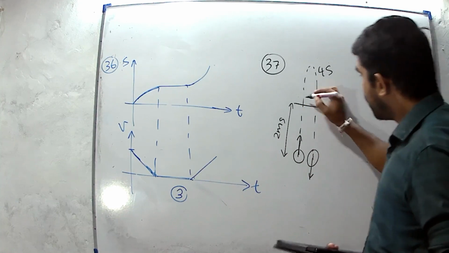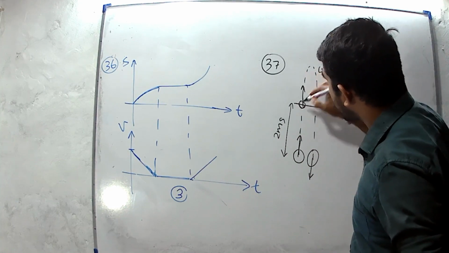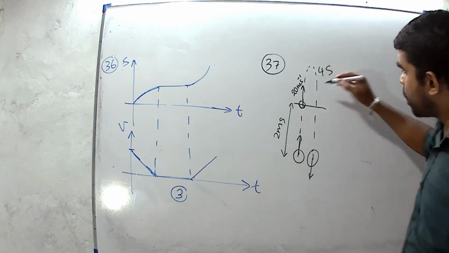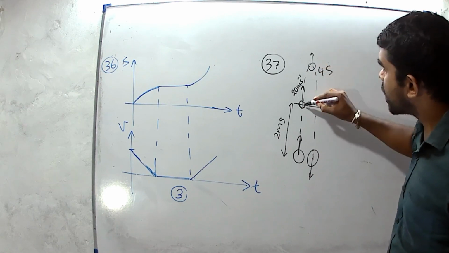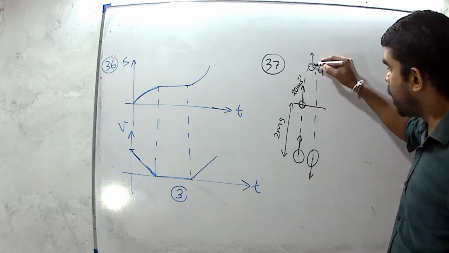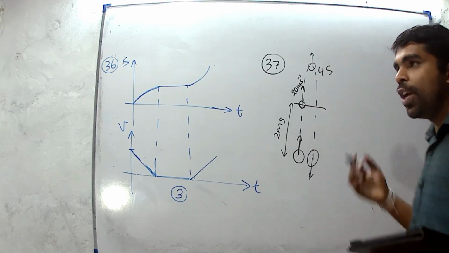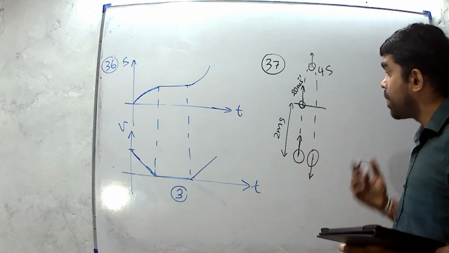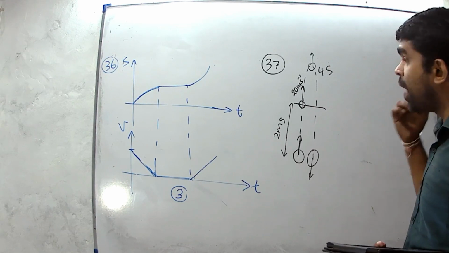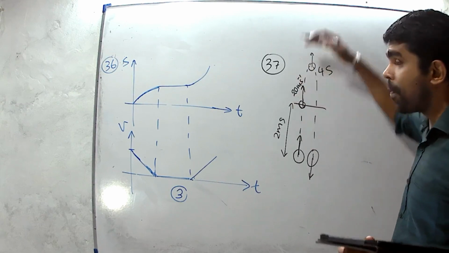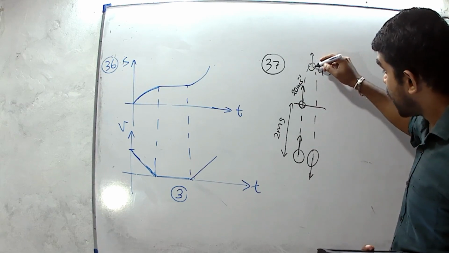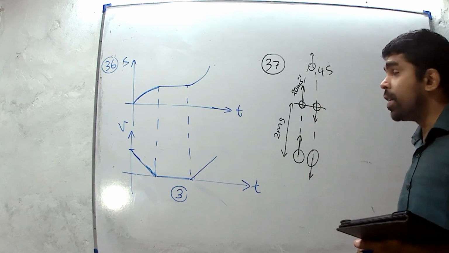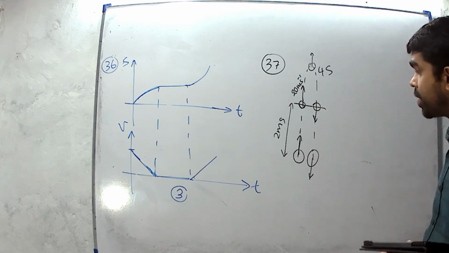It means velocity at this point should be 20 meters per second, because it moves 2 seconds in the upward direction after passing this point and 2 seconds in the downward direction. We know that velocity decreases 10 meters per second for each 1 second in the upward direction, and velocity increases 10 meters per second for each 1 second in the downward direction.